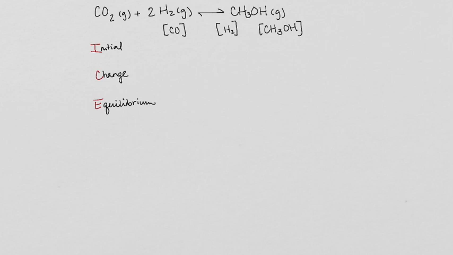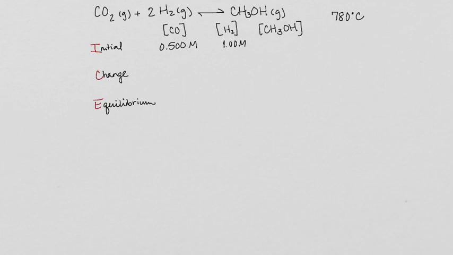Okay, so we have a reaction mixture and we are at 780 degrees Celsius, and we have carbon monoxide and its initial concentration is 0.5 molar. And then our hydrogen gas concentration is 1 molar.